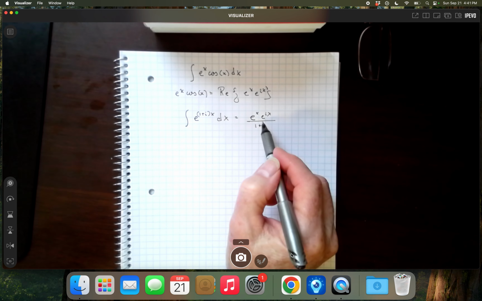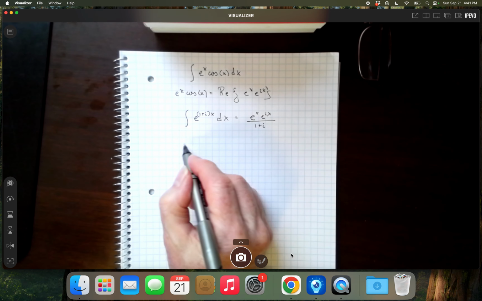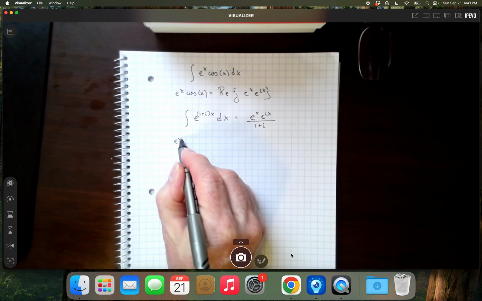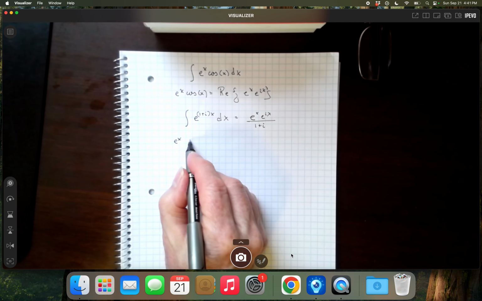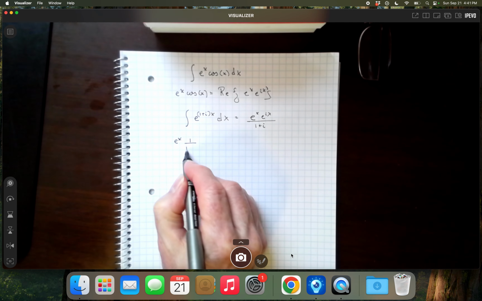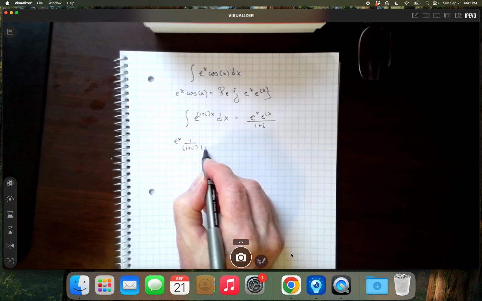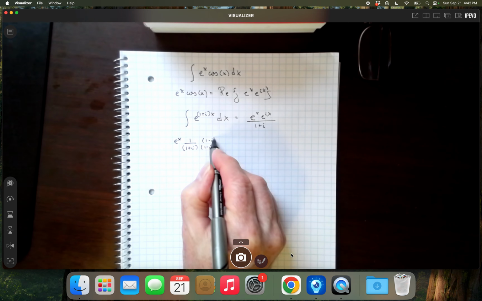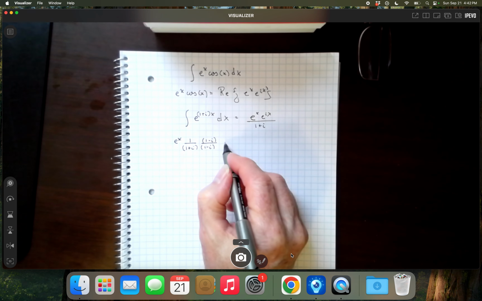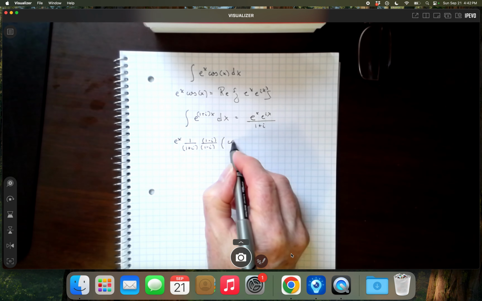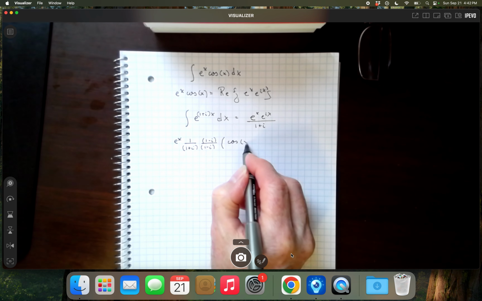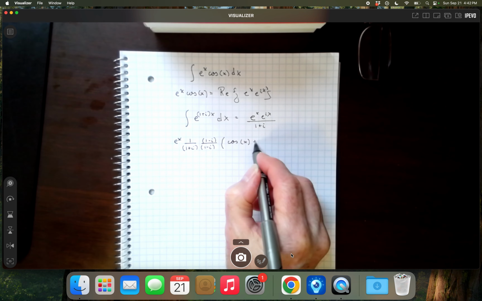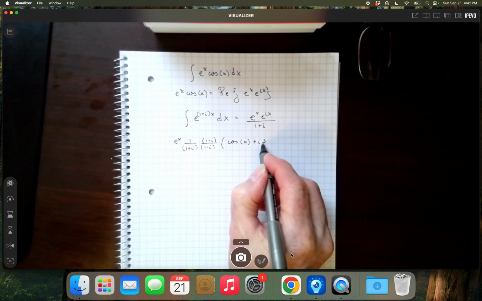Now, to take the real part of this, I'm going to pull out that e to the x for a moment. And this 1 over 1 plus i, we will multiply top and bottom by the complex conjugate. And then we're going to take e to the ix, which is cosine x plus i sine x.